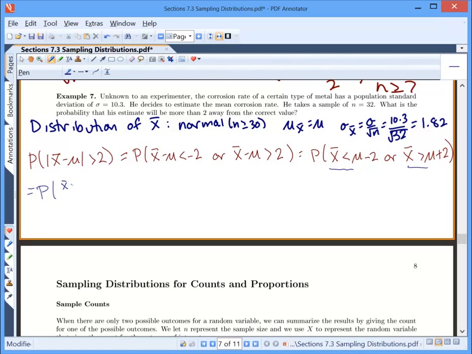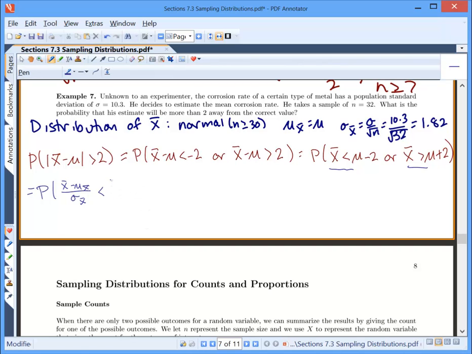So it's going to be x bar minus the mean of x bar over the standard deviation of x bar less than mu minus 2, or x bar minus the mean of x bar over the standard deviation for x bar is greater than mu plus 2. Sorry, I didn't actually standardize the values, did I?